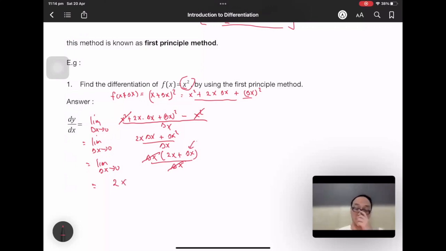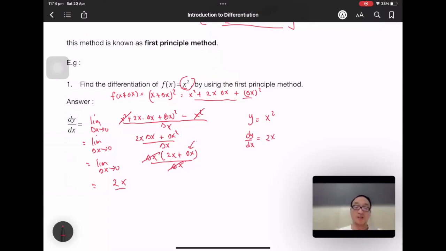So from this first principle method, we can see that if we have y equals x squared, the graph is y equals x squared, the derivative, the differentiation of the function y equals x squared, is equal to 2x.